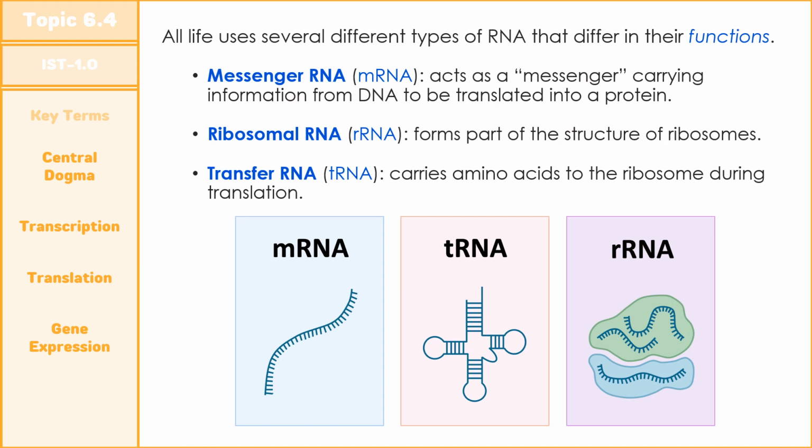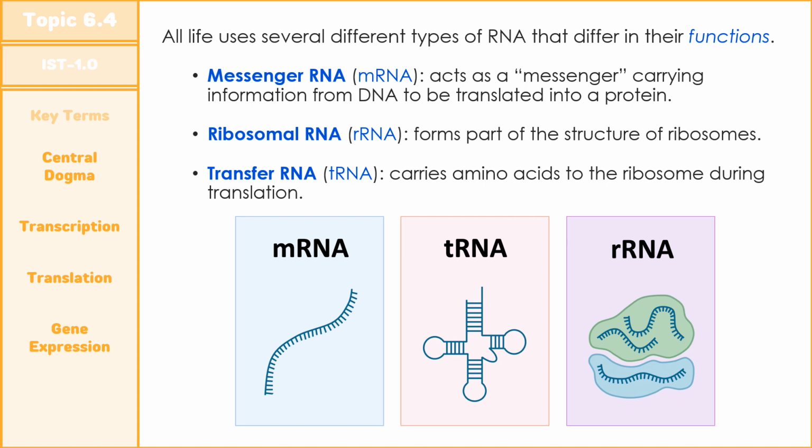Now, we discussed in a previous lecture the differences between RNA and DNA. RNA can be formed into a number of different versions or structures that are all based on the type of function that they perform within the cell, very similar to how different proteins can form different structures in order to match with their functions.